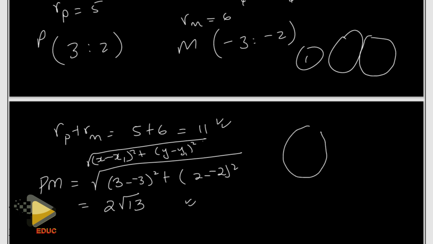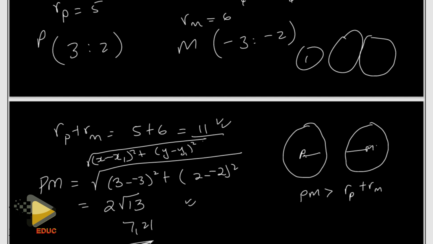What if we have this kind of case? This is P, this is M. We expect the distance PM to be bigger. Distance PM must be bigger than the radius of that and then the radius of that. This is 11. 2 root 13 is the same as 7.21.